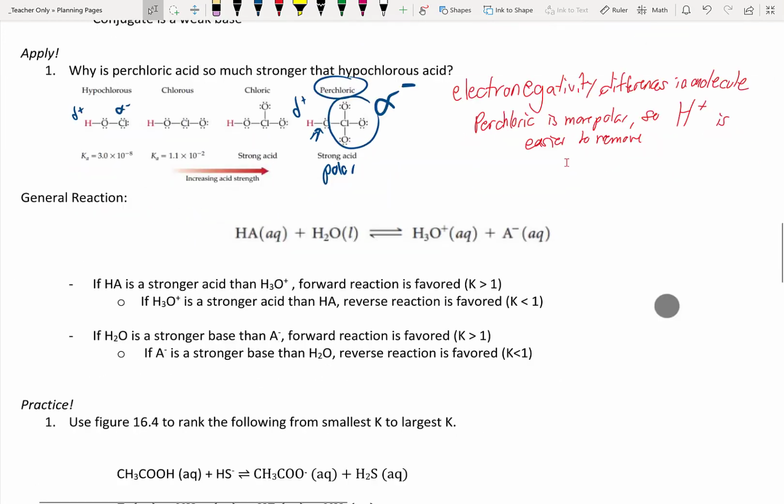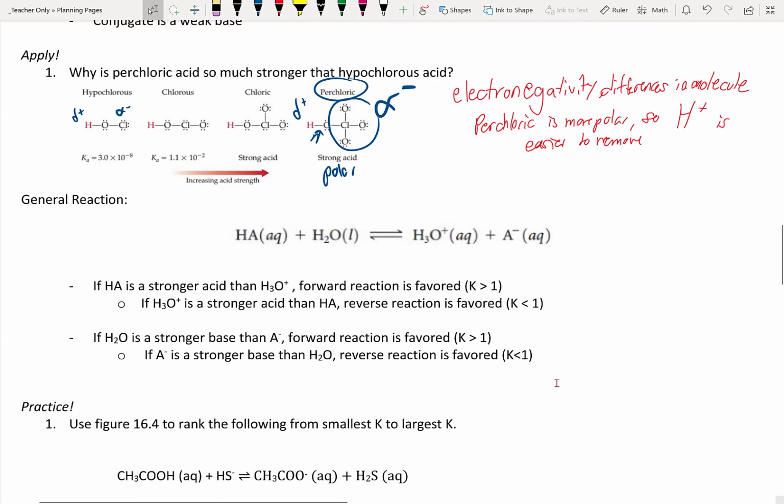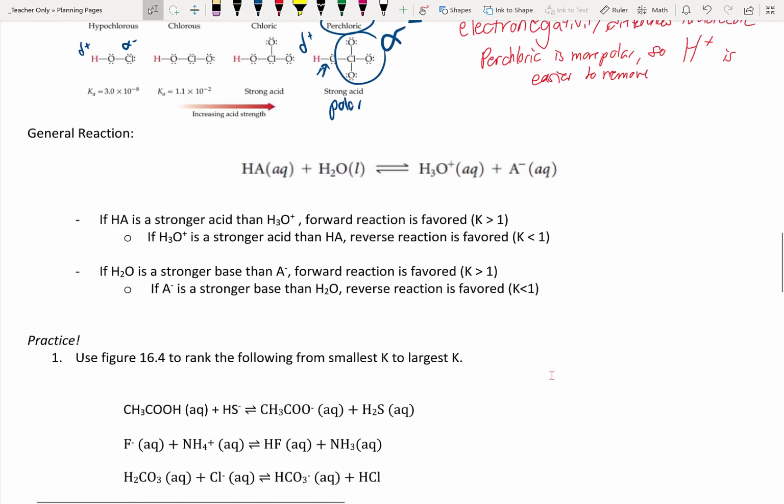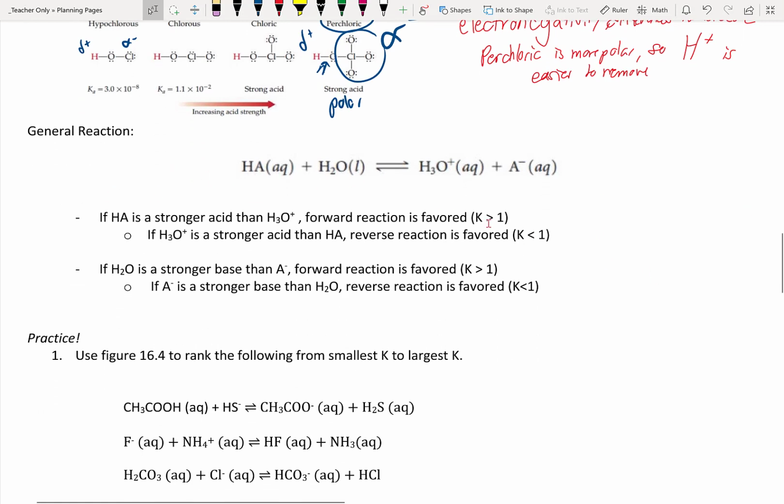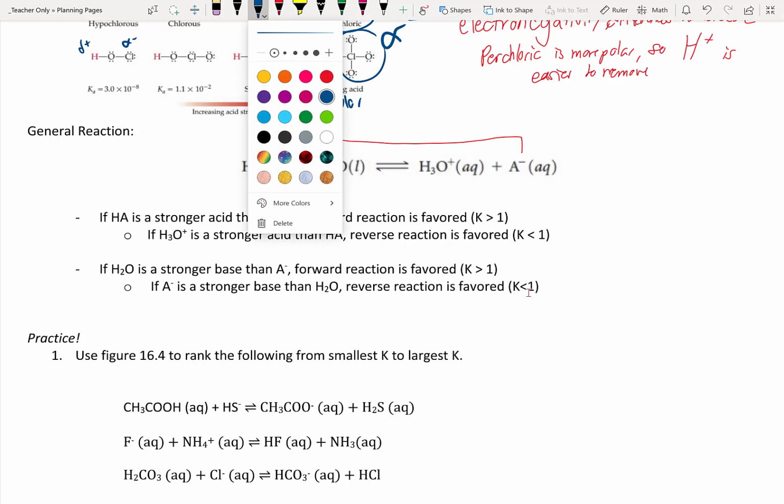Now, another way that we'll do this is we will talk about our K values. That's coming up in our next lecture. But another way to look at it is to just look at that general reaction, okay? We have HA and H2O, H3O+, and A-. I'll label this as an acid. This one is its conjugate base.